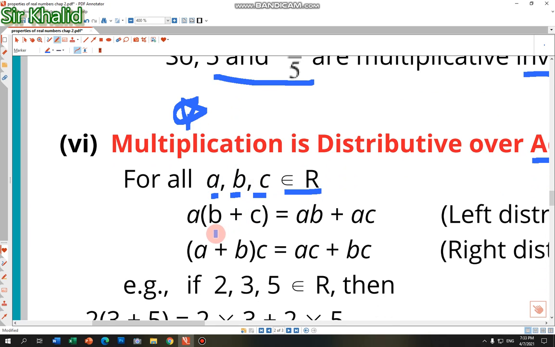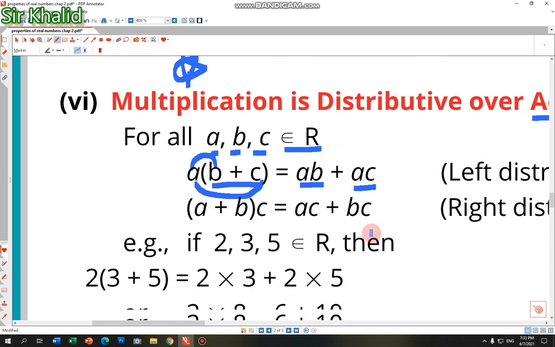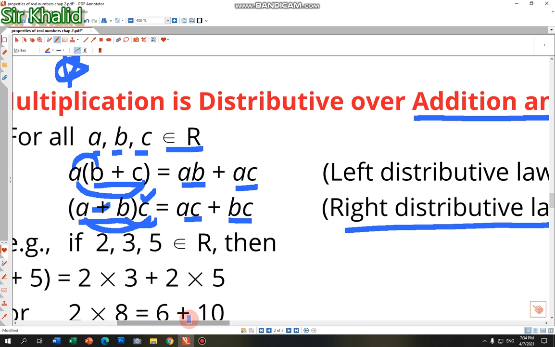If I include b plus c in the brackets and multiply by a, or multiply a by b and then a by c, it will give you ab plus ac. This is the left distributive law. And here is the right distributive law. If I include a plus b within the bracket and multiply by c, it will give you ac plus bc. This is the right distributive law.